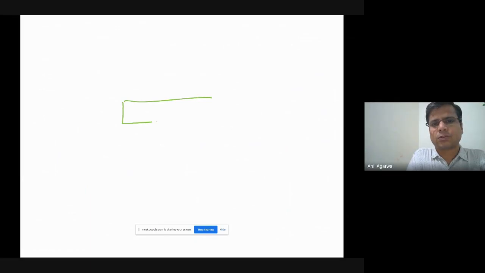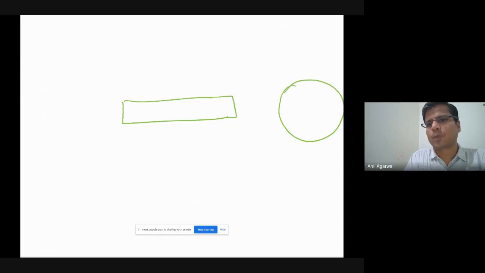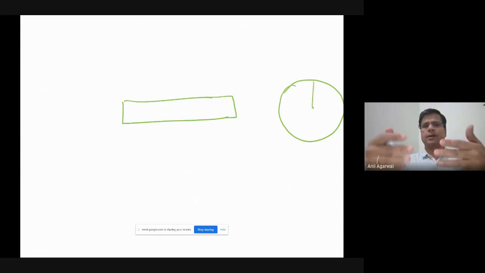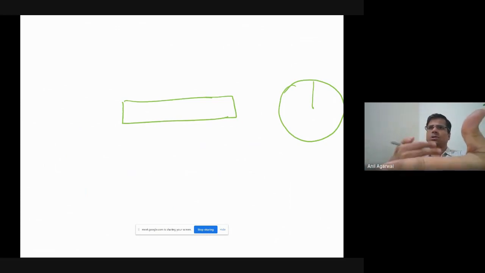So, as I was showing, if you imagine that this is one cross section in that plate, and then there is another cross section right next to it.